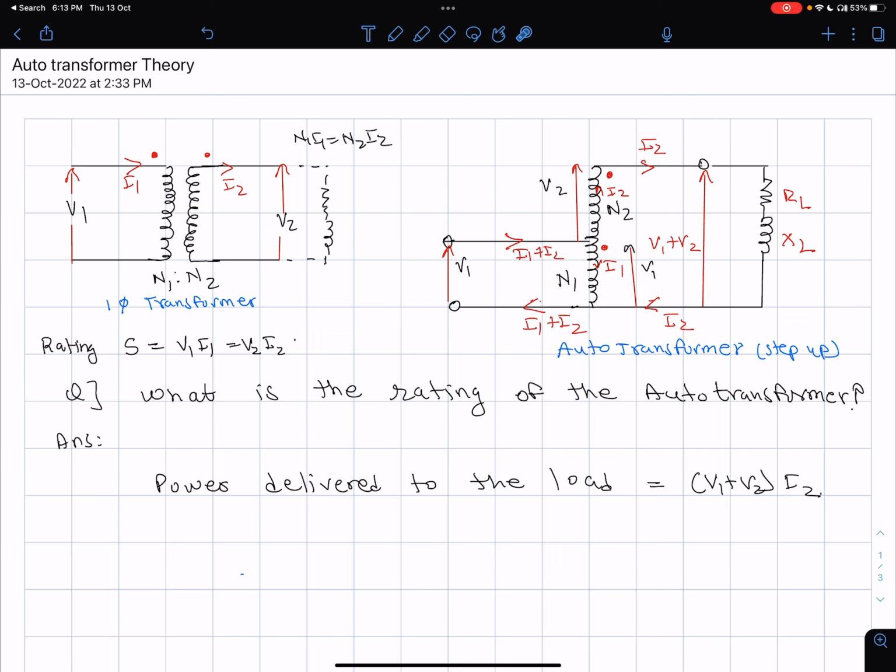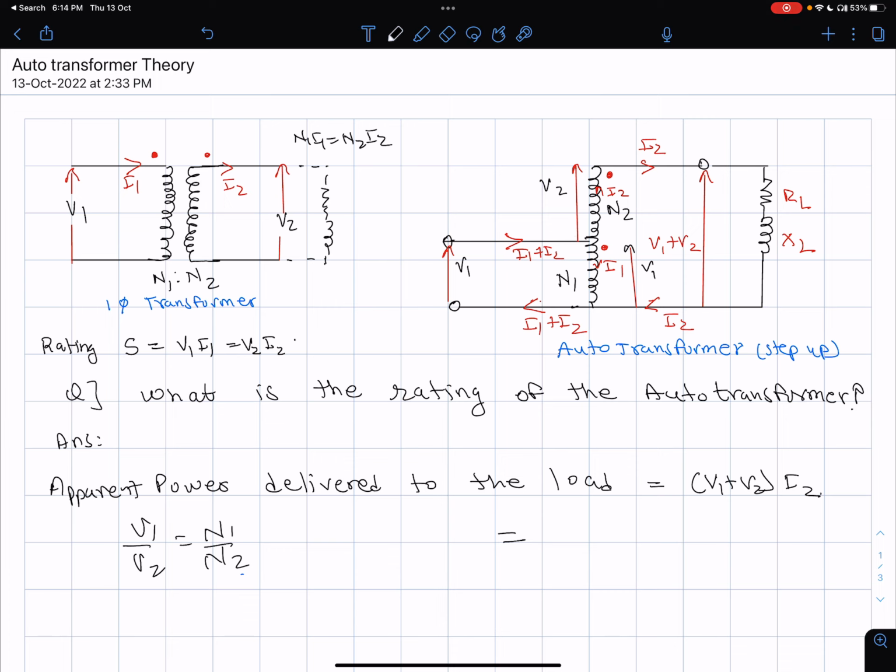Then the MVA, or the apparent power, which is delivered to this load is how much? V1 plus V2 into I2. And so we can simplify this, as V1 by V2 is equal to N1 by N2.